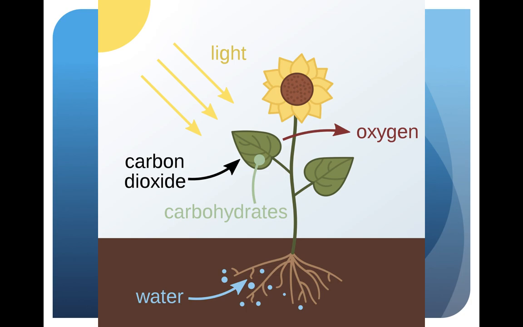So this shows again that light and water are needed for this process to occur, but the plant leaves take in carbon dioxide and they breathe out oxygen and they produce carbohydrates.